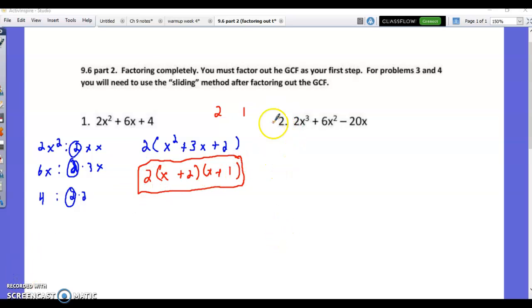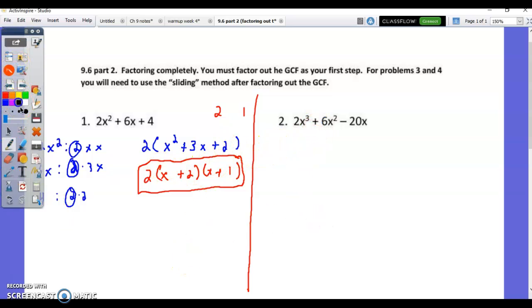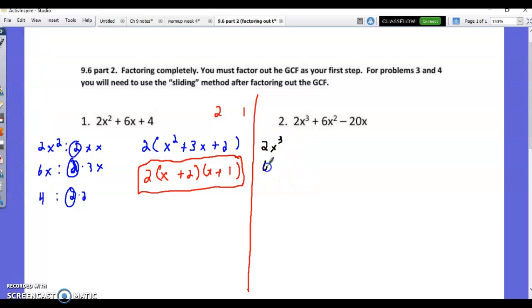Okay, so number 2 is similar, where, again, once we factor out our GCF, we're going to have a 1 for our a, so we just go right to the double parentheses. So I'm going to list my factors here. So I have 2x to the third, 6x squared, and 20x. This pen is a little finicky today.